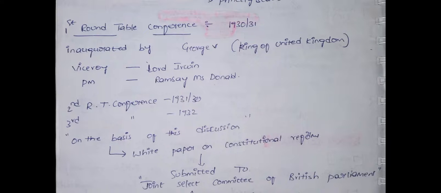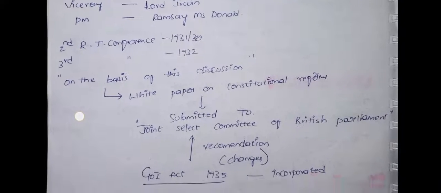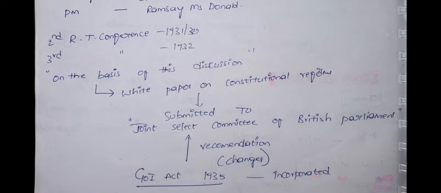On the basis of these discussions, a White Paper on Constitutional Reforms was submitted to the Joint Select Committee of the British Parliament. This committee was established by the British Parliament.